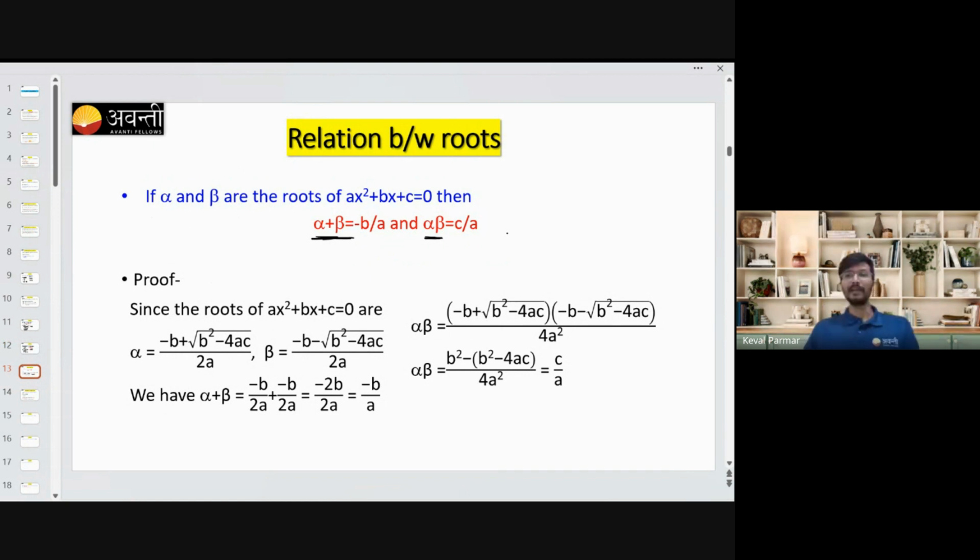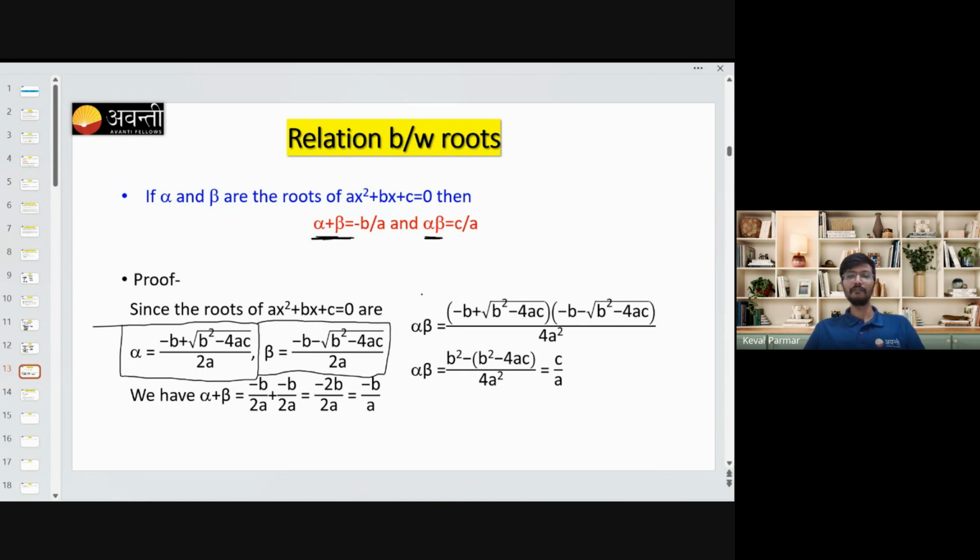One of the roots by formula method is alpha equals minus b plus under root of b square minus 4ac upon 2a, and beta equals minus b minus under root of b square minus 4ac upon 2a. Correct?